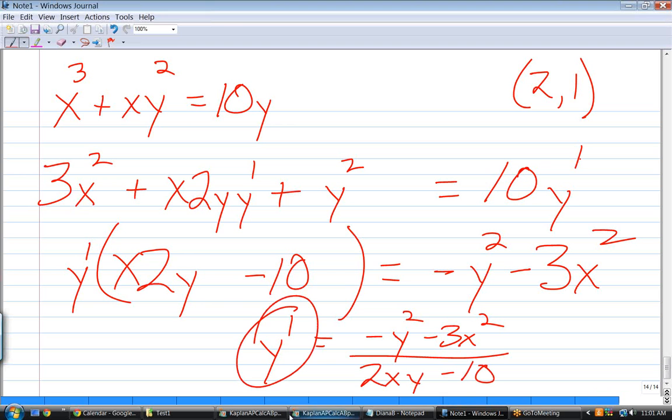Now I've solved for y prime, and evaluating it at that point I can do, because I'm just going to plug in 2 wherever I see x and 1 wherever I see y. And that will be the slope of the tangent line at the point 2, 1.